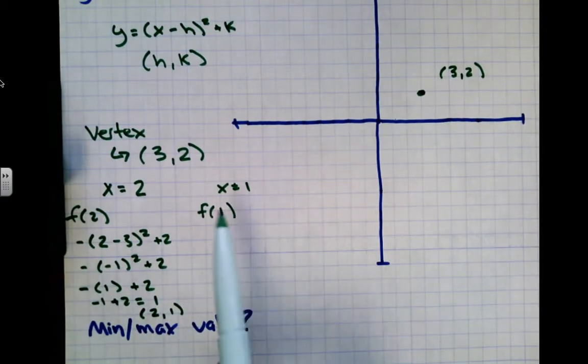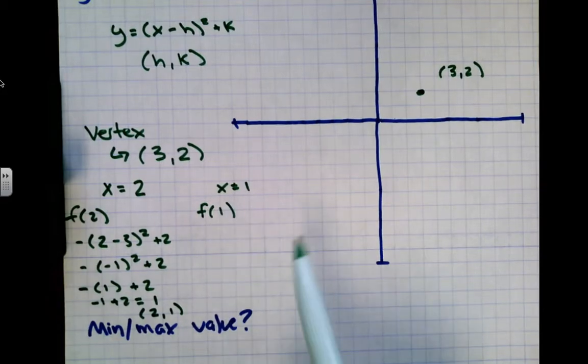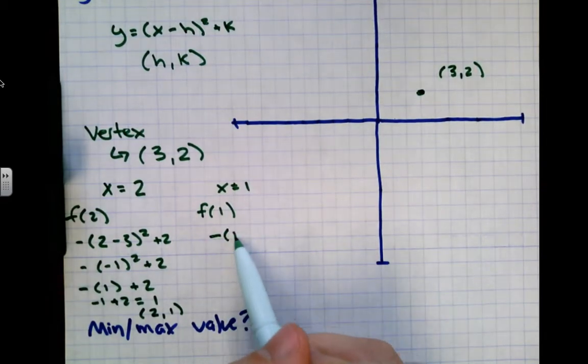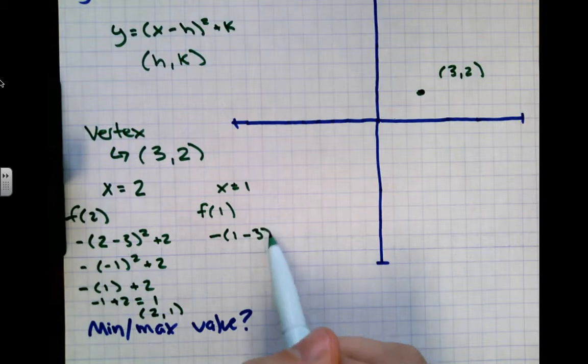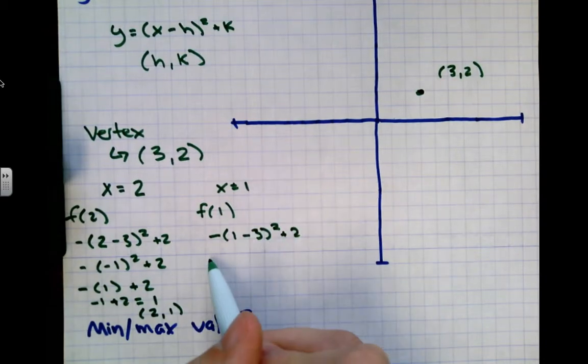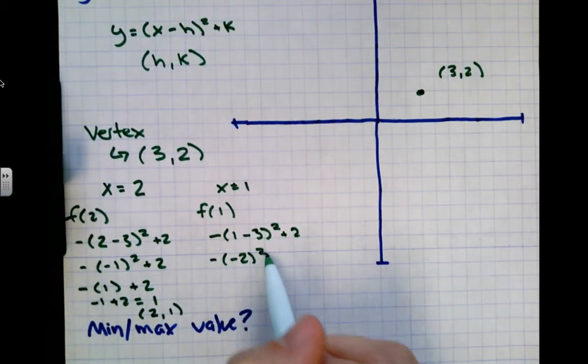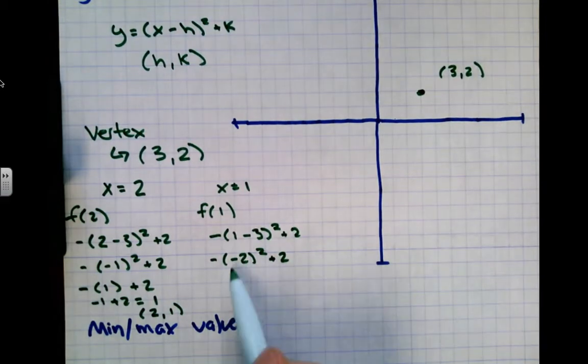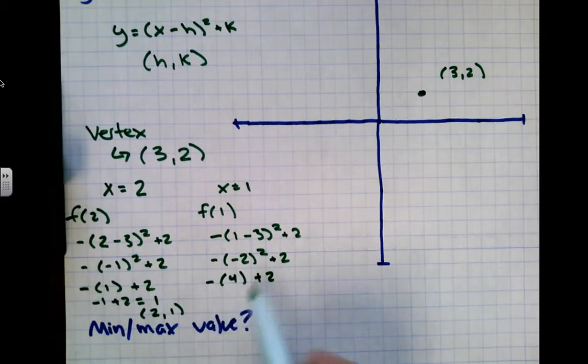And I'm really going to go through and do the same exact thing with x equaling 1. I'm going to plug in 1 anywhere I see an x, which would be right there, and I'm going to go through this same process of order of operations. Negative 2 squared should be positive 4. Negative times 4 is negative 4 plus 2, which ends up giving me negative 2.